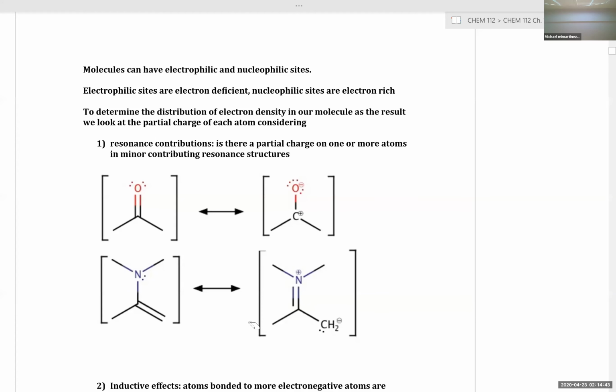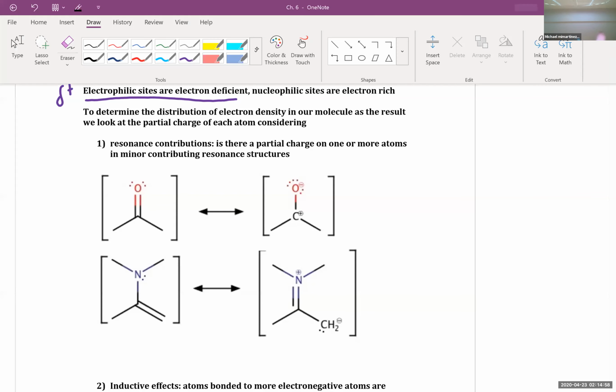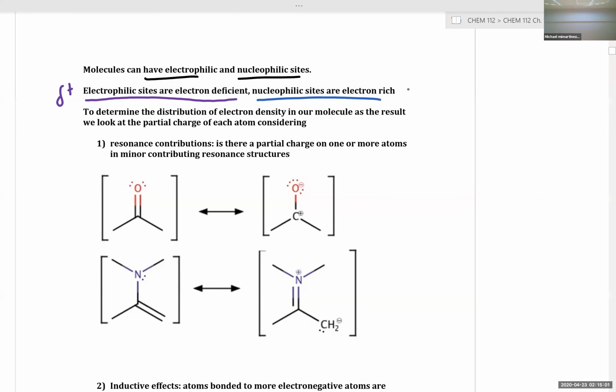Now, let's look at this idea that molecules can have electrophilic and nucleophilic sites. So as we discussed previously, electrophilic sites are electron deficient, so delta plus, while nucleophilic sites are electron rich, delta minus.